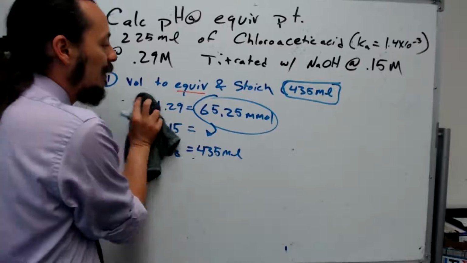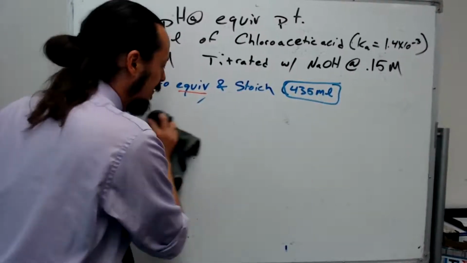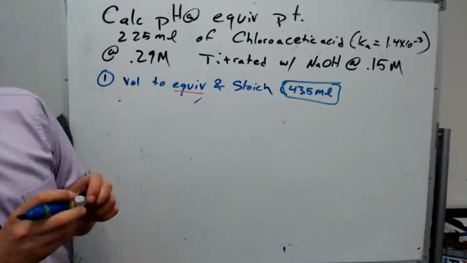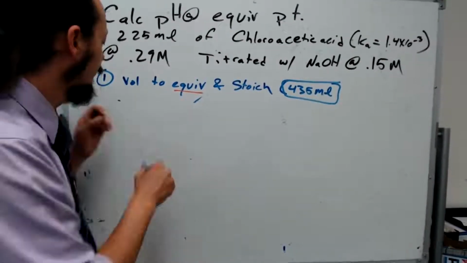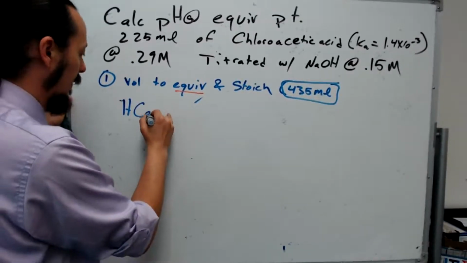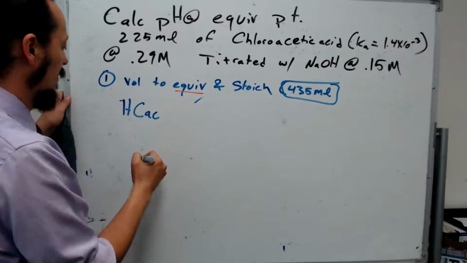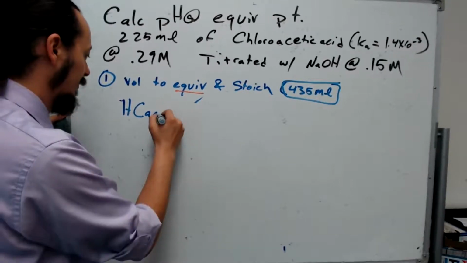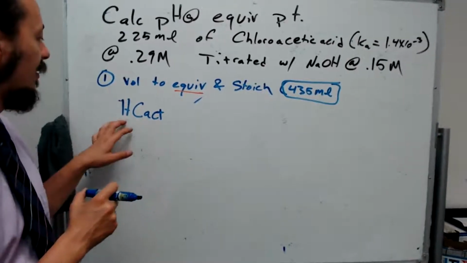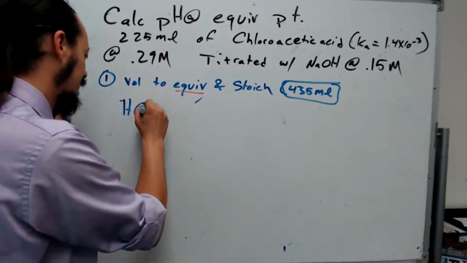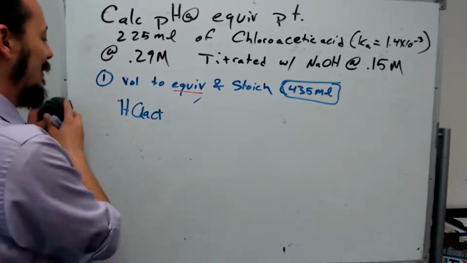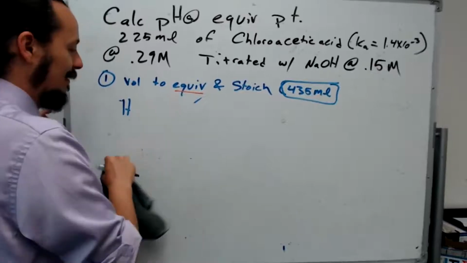Now let's go ahead and use that number to do our stoichiometry. And you'll see why we can kind of skip stoichiometry. So we're going to have, I'm going to call it chloroacetic acid. I don't know what to call it.